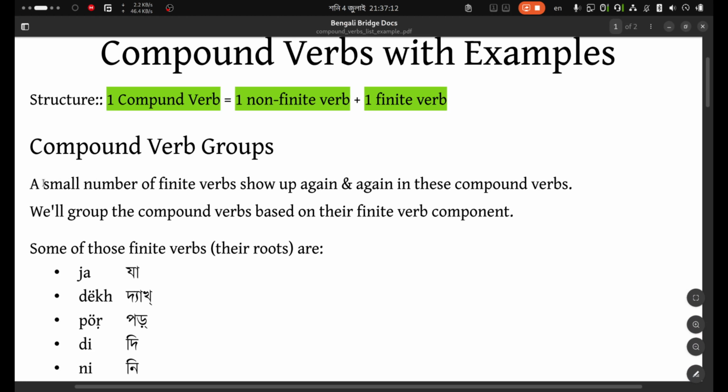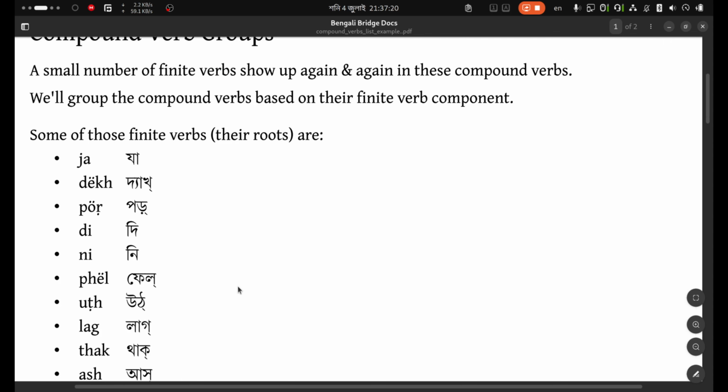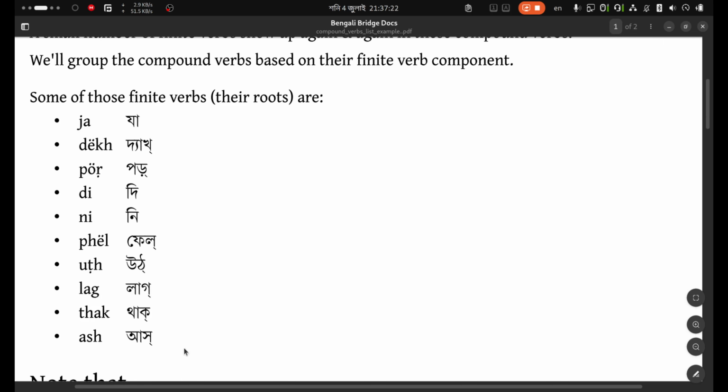I have already written it. A small number of finite verbs show up again and again. I have listed some of them. They are not all of them, but these are the most frequently used verbs as the finite verb part of compound verbs.